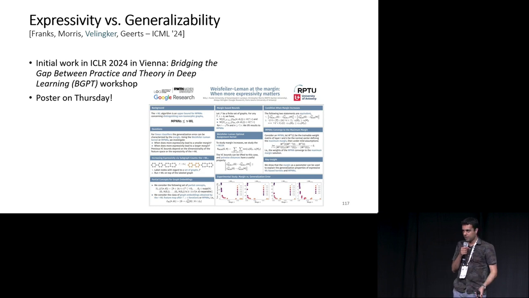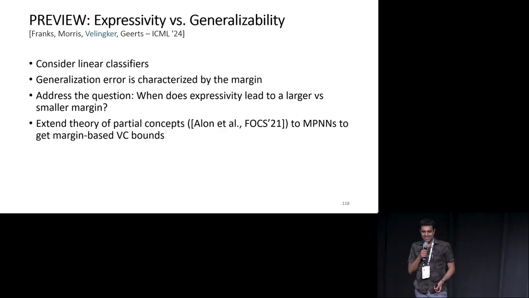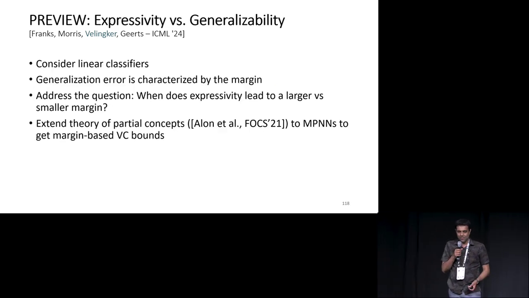So there's actually this work that looks at this problem, and we have a poster on this on Thursday, so shameless plug. Just to give you a preview, we again consider linear classifiers, and we look at a characterization of generalization error based on margin in linear classifiers.